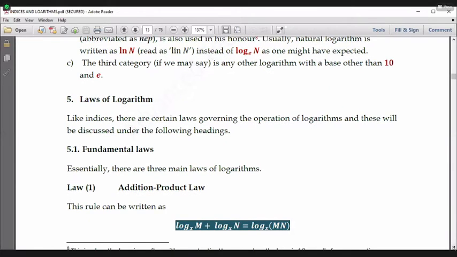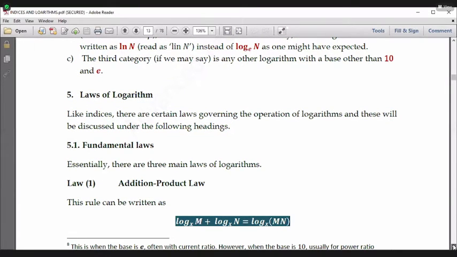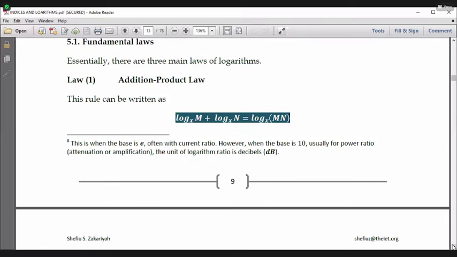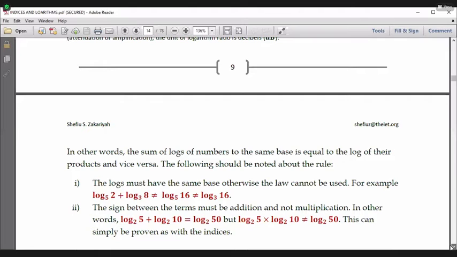We must be careful because these rules must be followed. I hope you are still seeing the screen. In other words, the sum of logs of numbers of the same base is equal to the log of the product, and vice versa. The following should be noted about the rule.